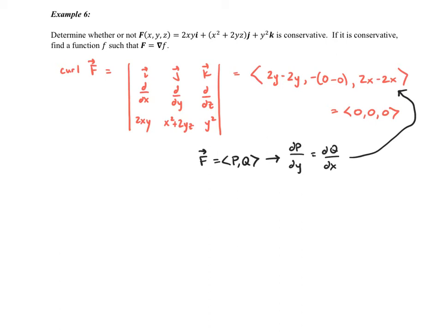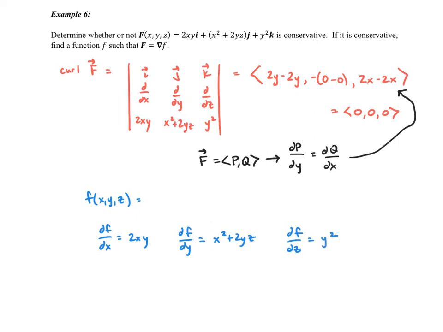So in our second part, we're going to find a function of x, y, and z such that the partial derivative of f with respect to x is equal to 2xy, the partial derivative of f with respect to y is x squared plus 2yz, and the partial derivative of f with respect to z is y squared.